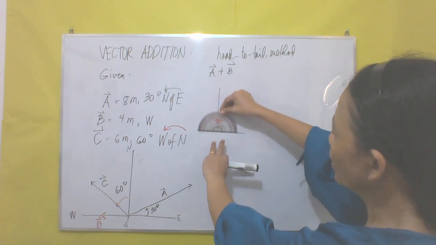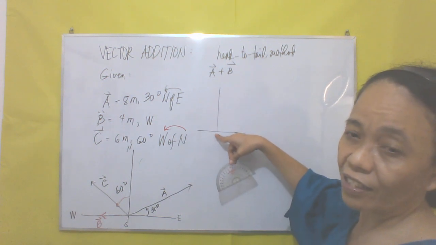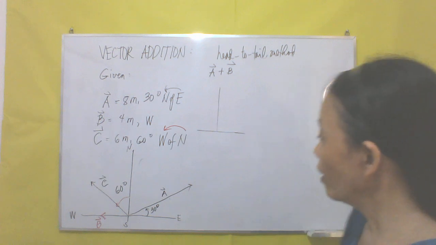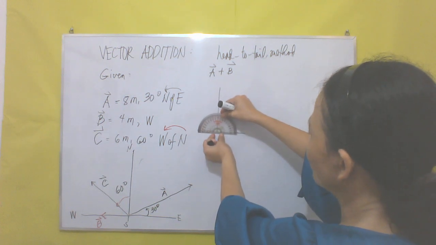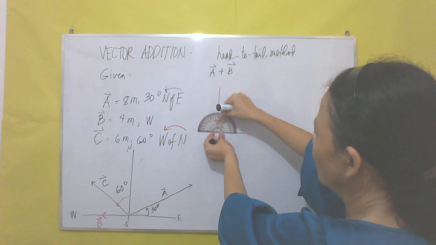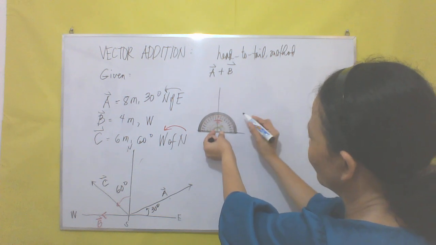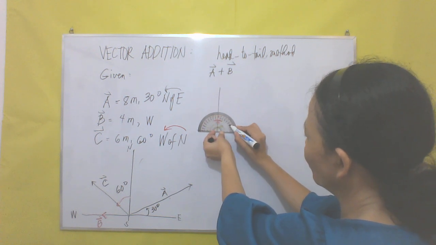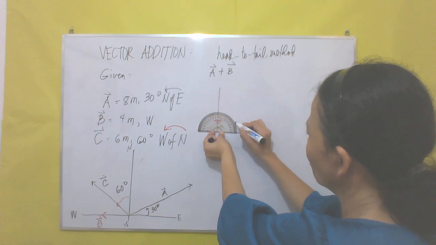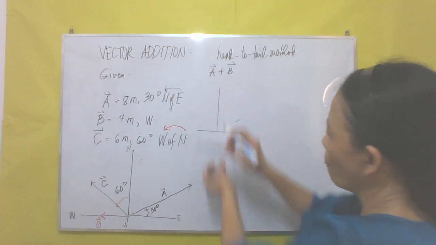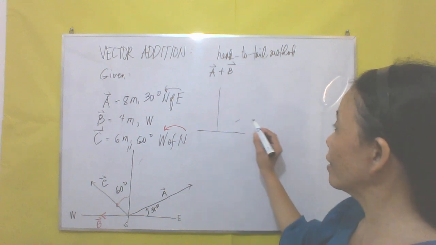This is the origin. Position the protractor here, and 30 degrees is 1, 2, 3. So this is 30 somewhere here.